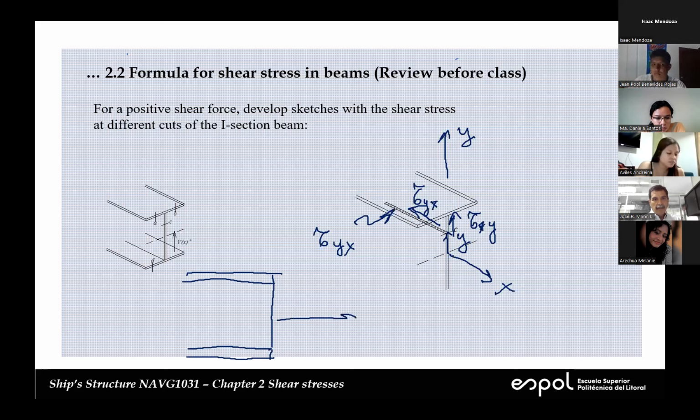This is the x-axis, and this is the y-axis. We're making a cut here, and this corresponds to the cross area that I'm drawing. I'm going in this direction, that's a positive y, so the normal to this is pointing in the negative y direction. That's why this is a negative phase.